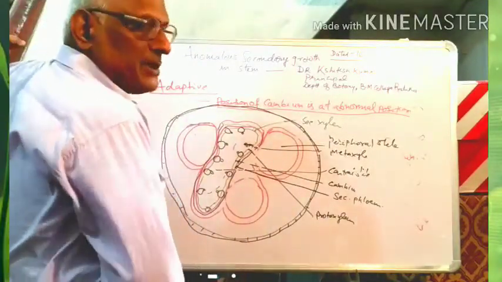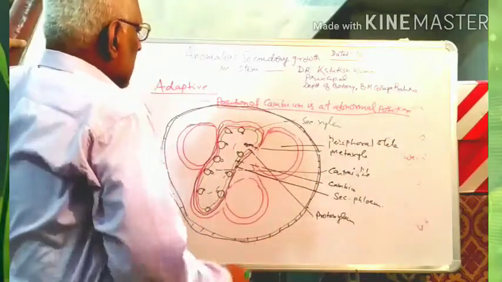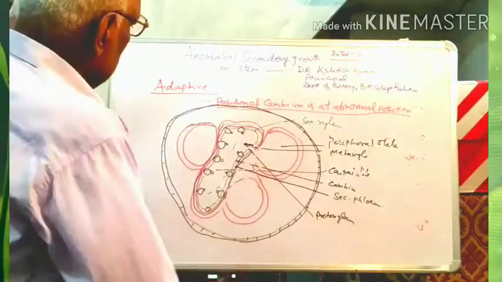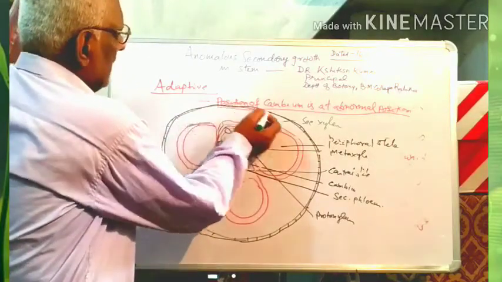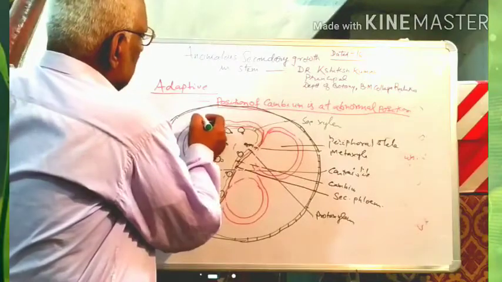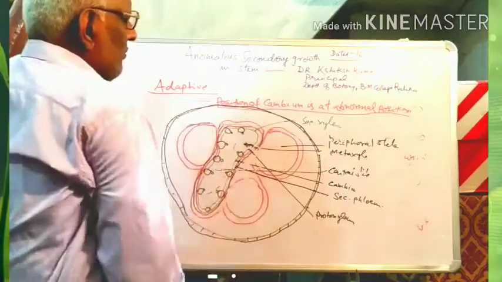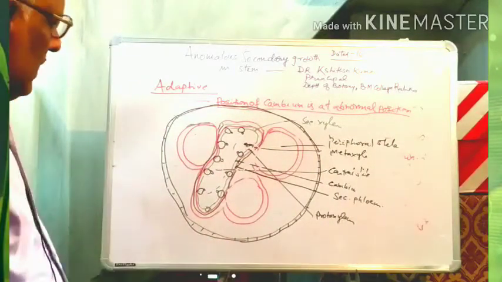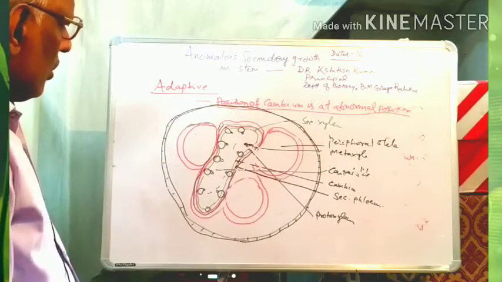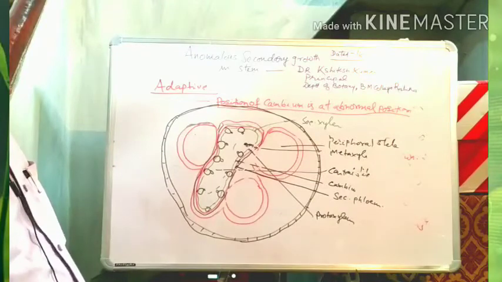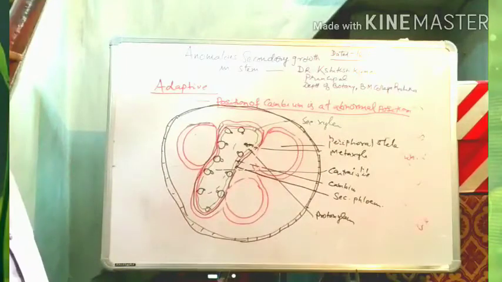The secondary xylem is formed inward and secondary phloem outward. This is the cortical region, that is the epidermal layer, and afterward in the cortical region the periderm is formed. The periderm comprises what? Cork, cambium and internal cortex. So all three together make the periderm.